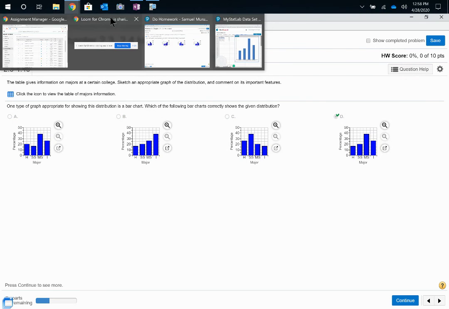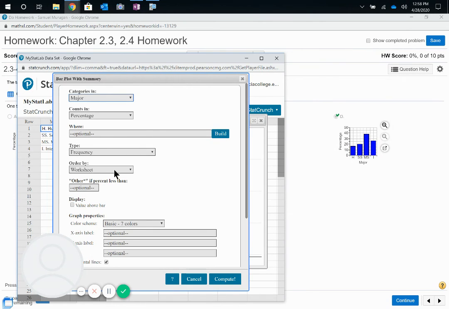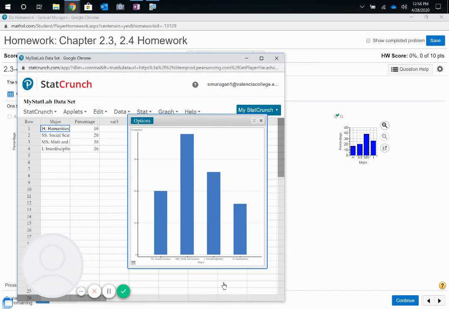Now, if you wanted to, you can make this graph into a Pareto chart using StatCrunch by pressing Options, Edit, and instead of order by worksheet, value descending would create a Pareto chart for you instead. Oops, nope, that does not look right.